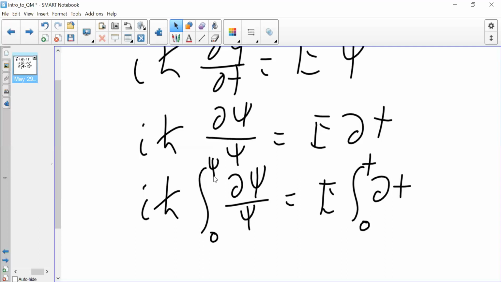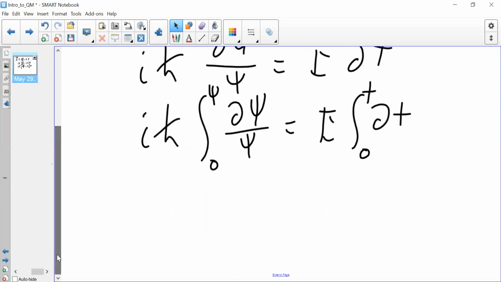Okay, we'll go ahead and perform that integral. So we have i h bar, and we know that the integral of del psi over psi in this form is going to be the natural log.